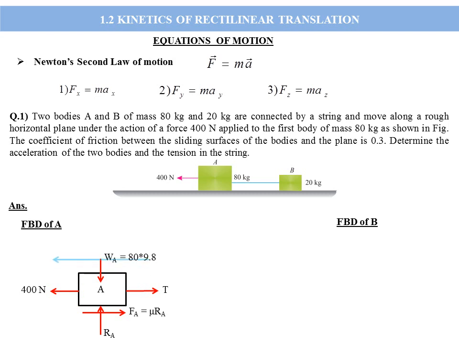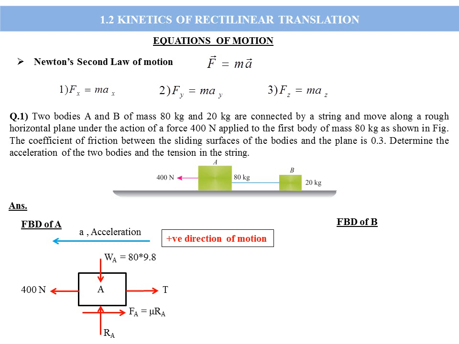Now the direction in which the body moves is the left side direction. Since the body is moving in that direction, it has acceleration in that direction, represented by A. You have to remember that the direction in which the body moves is the positive direction of motion.